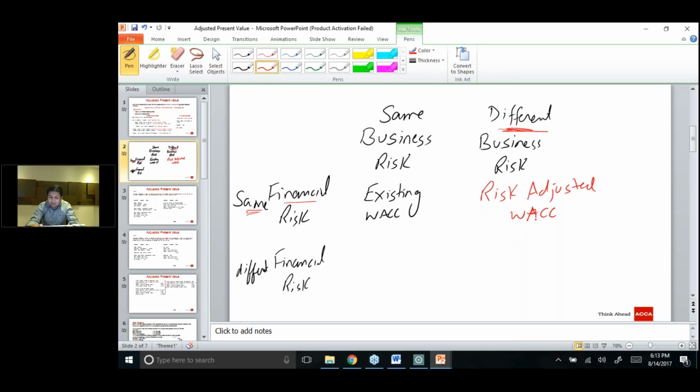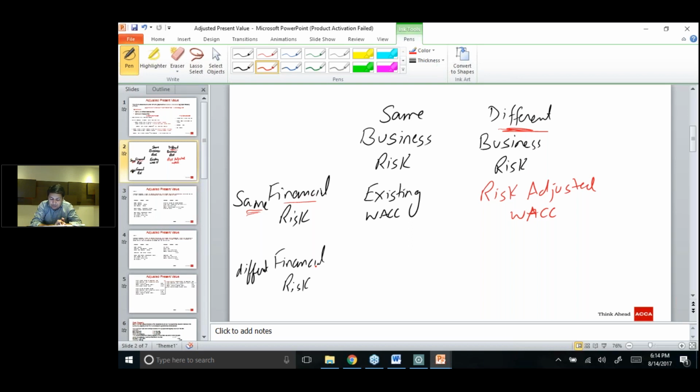Risk adjusted WACC is a very basic topic of P4, and it even belongs to F9. And what if after reading the question you have realized that the business can be the same, or can be different, but the new project is being financed with a totally different gearing level, a different financial risk, an entirely different capital structure from the one the company has?